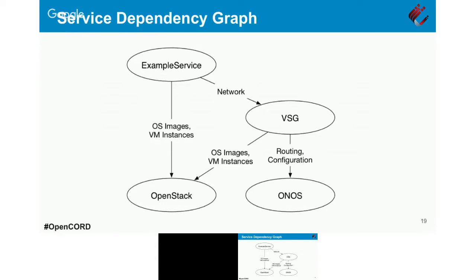For it to run, it requires a virtual machine. It needs a VM instance that's provided by OpenStack. It needs an operating system image that is installed into that instance. And the VSG also needs those same things. So we create a service graph of what services need things provided by other services.